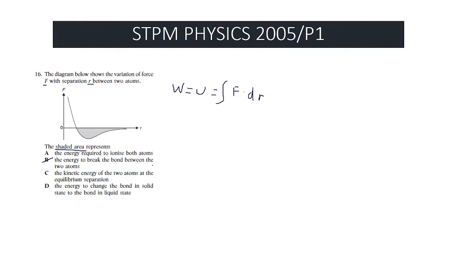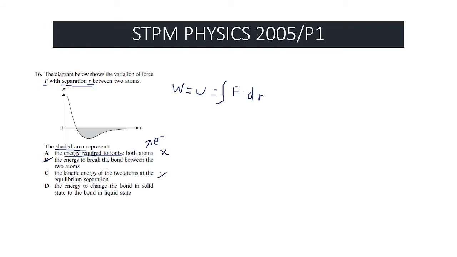Now we take a look at the answers A, C, and D. A is incorrect. It states that this is the energy required to ionize both atoms, and ionize means that the atom loses an electron. They have nothing to do with this separation R between two atoms. So A is an incorrect concept. Now C, the kinetic energy of the two atoms at the equilibrium separation.